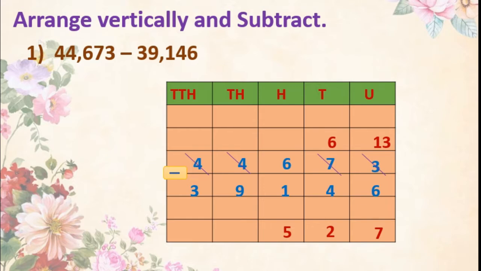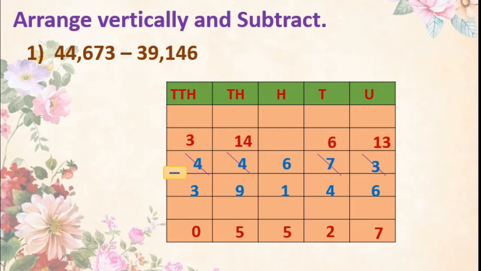Means 1 10,000 is equal to 10,000, correct? 10,000 plus 4,000 is equal to 14,000, isn't it? And here in the 10,000s place 3 remained because we untied 1 10,000. We borrowed 1 10,000 to thousands place. Okay. Now 14 minus 9 is equal to 5. And in the 10,000s place 3 minus 3 is equal to 0. Okay. Our sum is over.